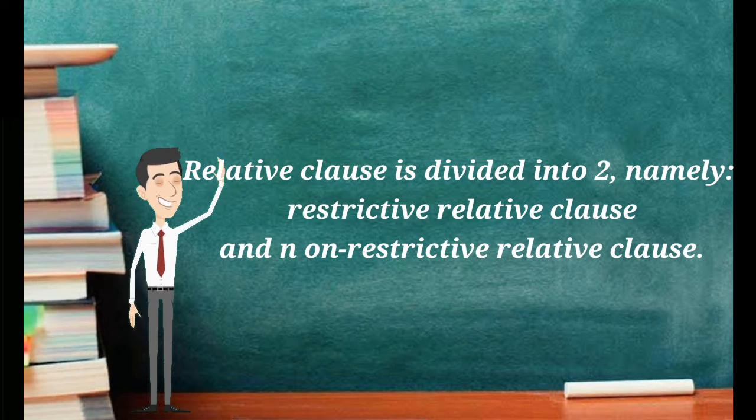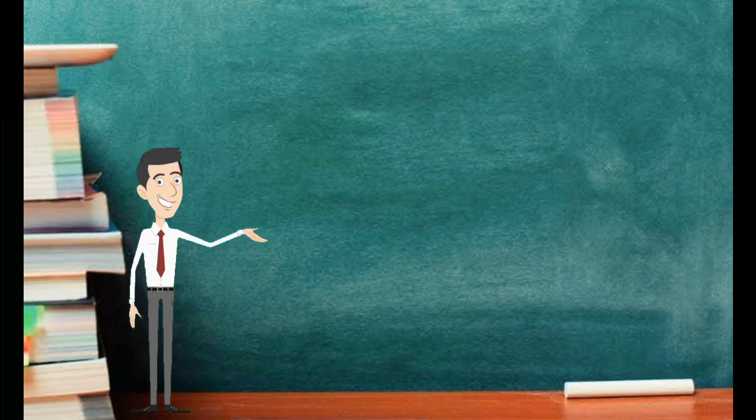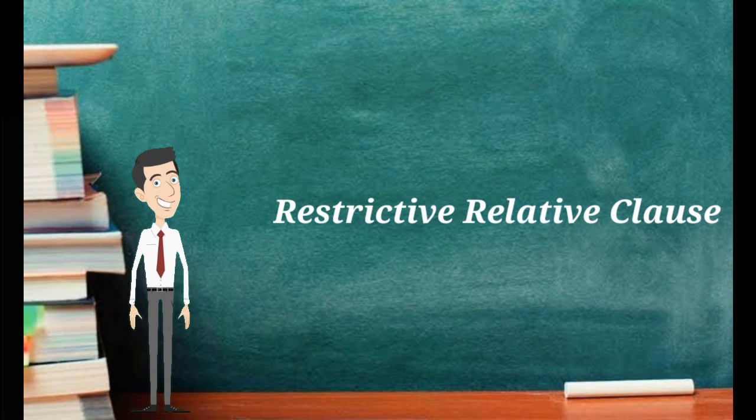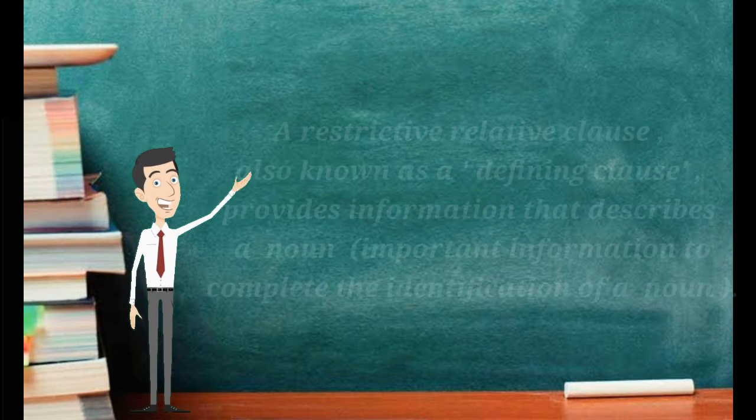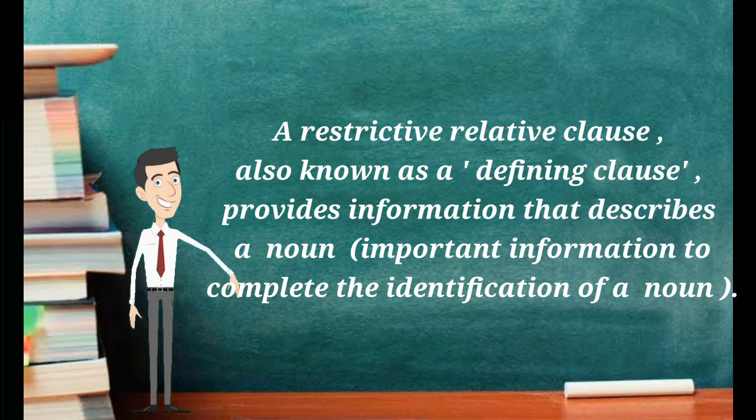namely restrictive relative clause and non-restrictive relative clause. Restrictive relative clause, also known as the defining clause, provides information that describes a noun, important information to complete the identification of a noun.